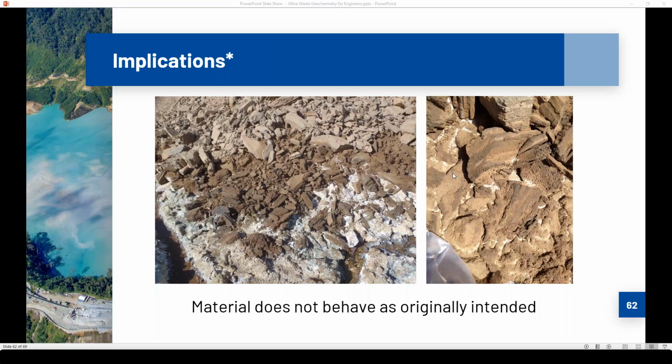Once we have these precipitates that form in mine waste, the materials do not behave from a geotechnical perspective as what was the original intent or as the design may have indicated. By having these secondary minerals in the matrices of the materials, we can change the geotechnical properties. That's not all.